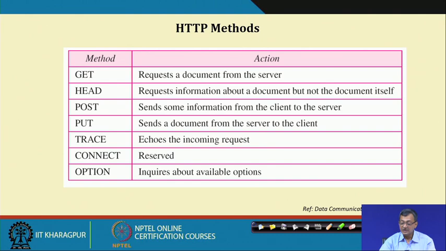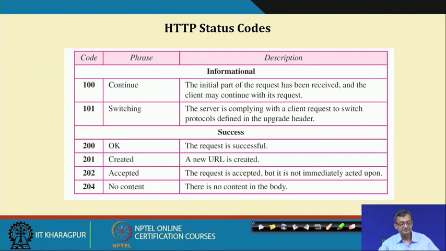TRACE echoes the incoming request. CONNECT is a reserved method, and OPTIONS inquires about the available options. So, there is a different set of methods, and we are discussing some. Primarily GET, HEAD, POST, PUT are the most widely used; others are also there, such as OPTIONS.